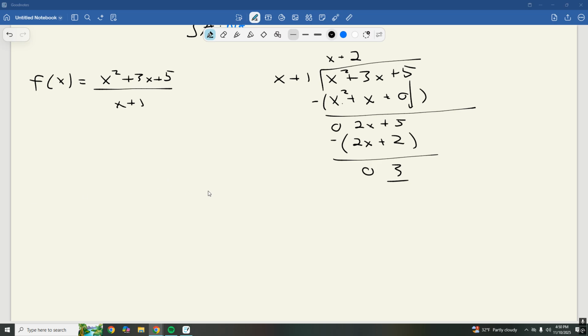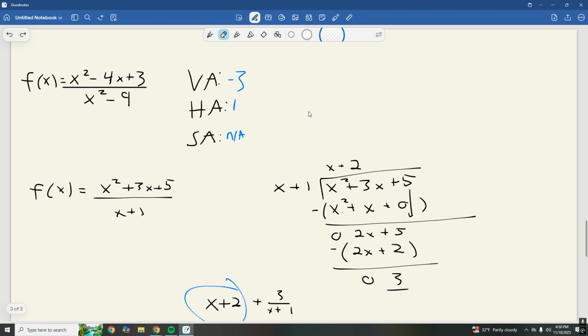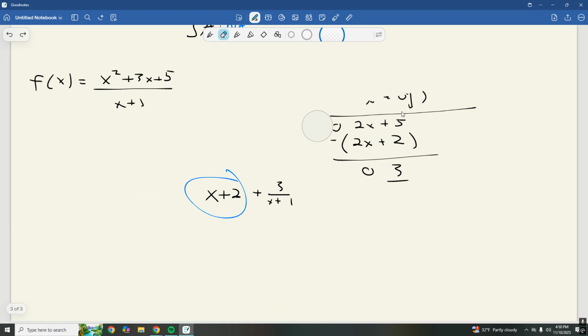Yeah, so our answer is x plus 2 plus 3 over x plus 1. And the slant asymptote in this situation would be x plus 2, the answer that we got from dividing. So that's how you find slant asymptotes. A little bit more complicated, but also just the same.